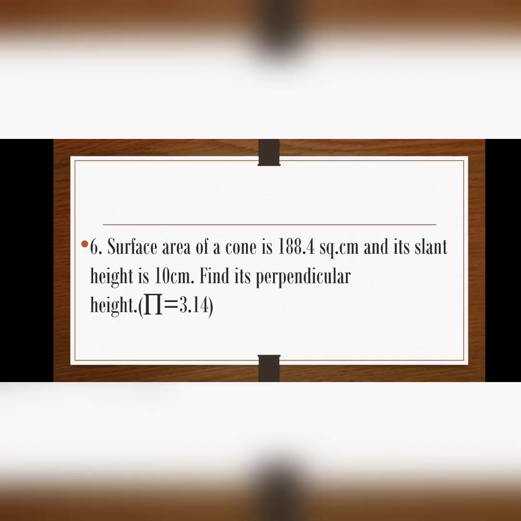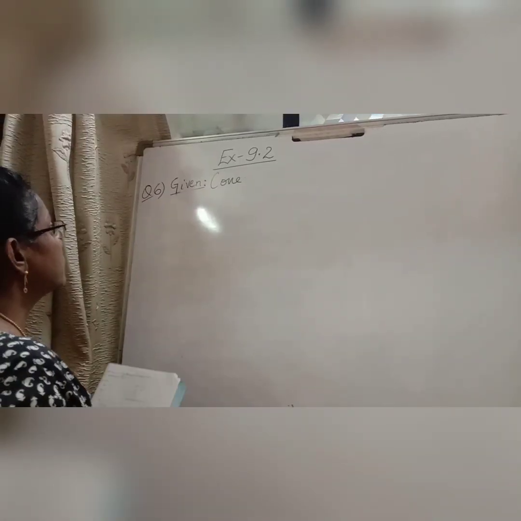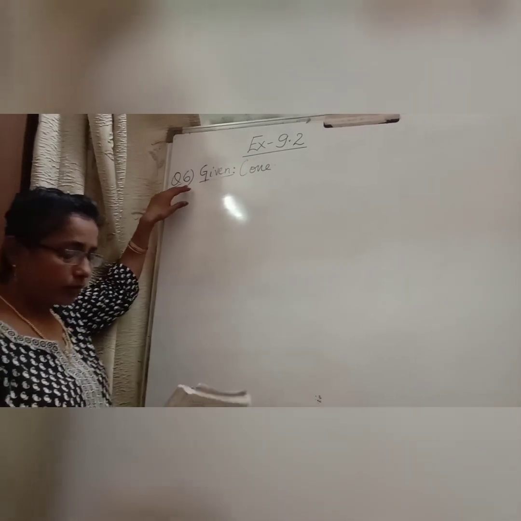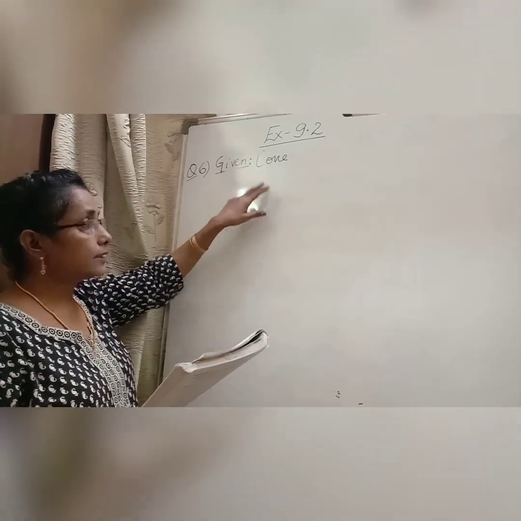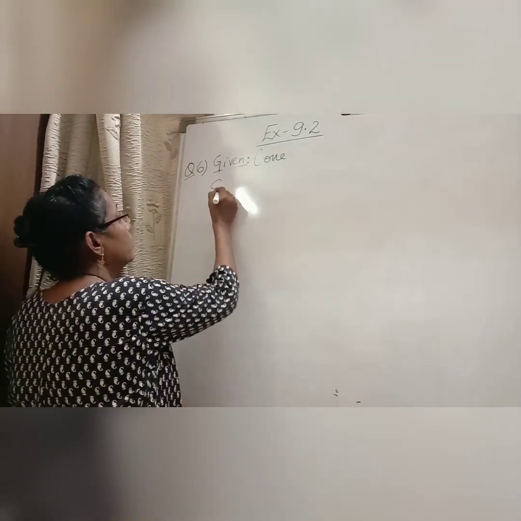Curved surface area of cone is 188.4 square centimeter and its slant height is 10 centimeter. Find its perpendicular height. Pi is equal to 3.14. Now students, question number 6. We have curved surface area of cone as 188.4.